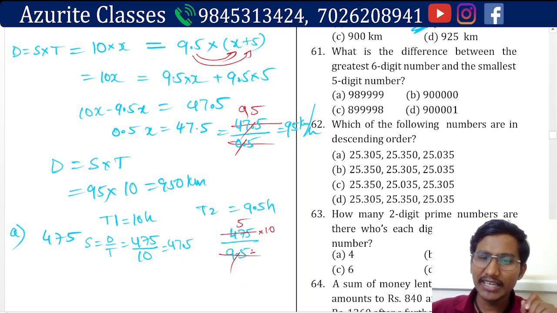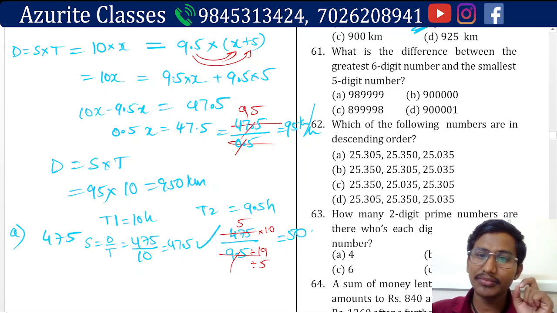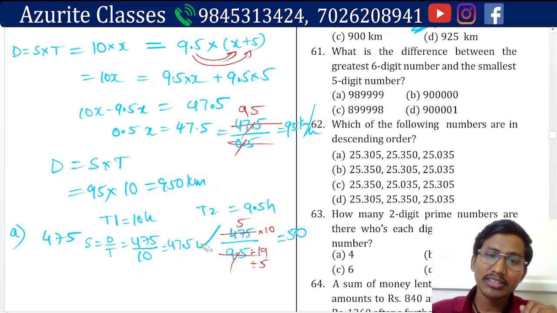You can divide with 19 and then 5, or directly. So the speeds are 47.5 and 50 kilometers per hour.